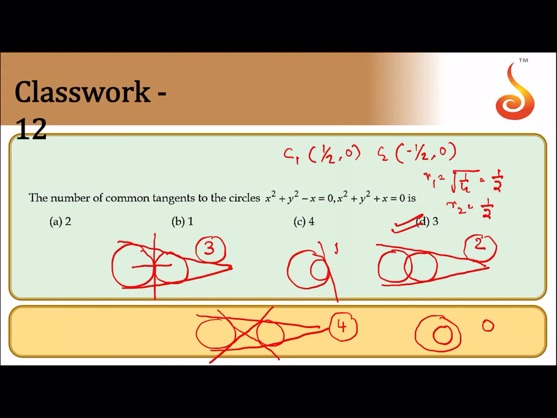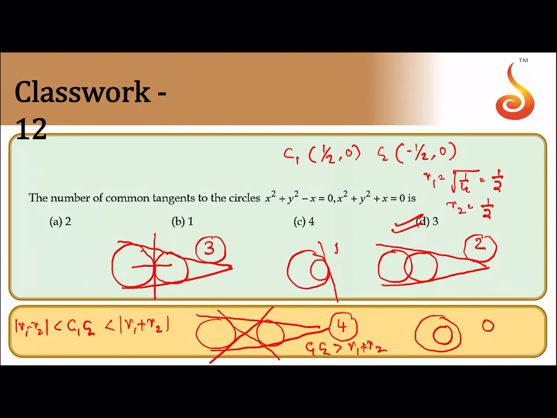So please remember, whenever touching externally, 3 tangents; touching internally, 1 tangent. Intersecting means, what is the condition of intersecting? I'll write once again. C1C2 is less than R1 plus R2 and lies between mod of R1 minus R2, then they are intersecting. So what is this case?